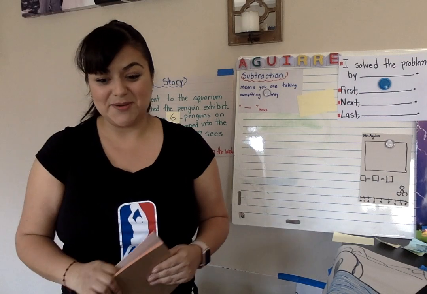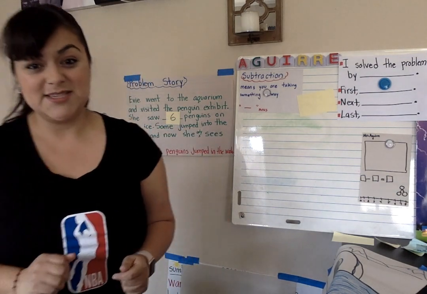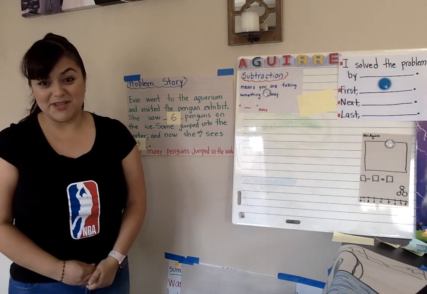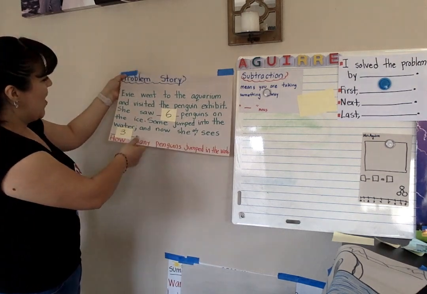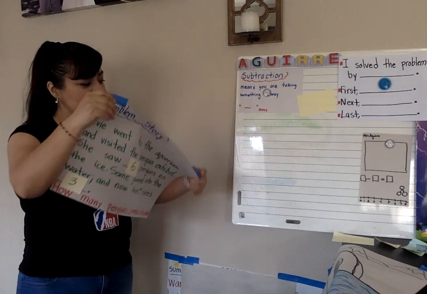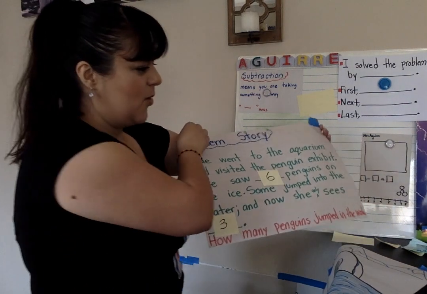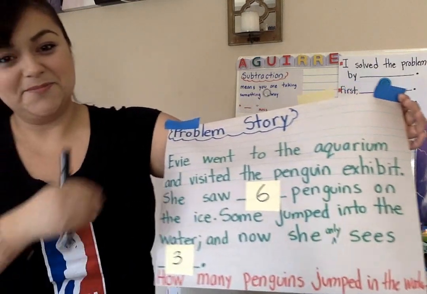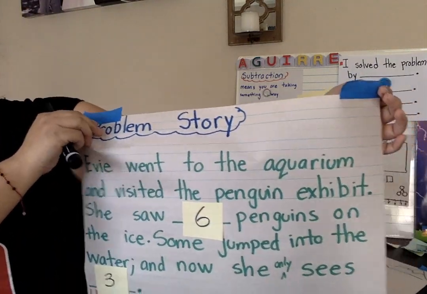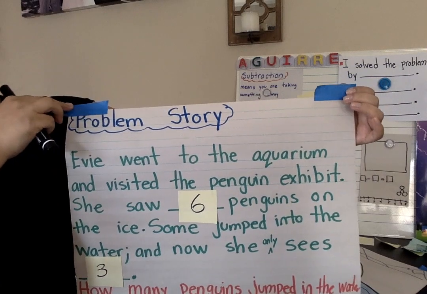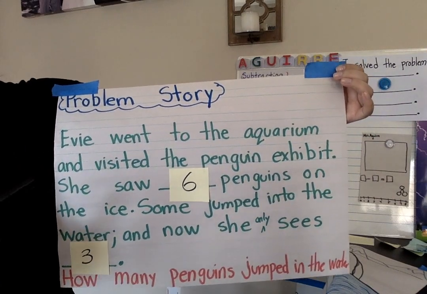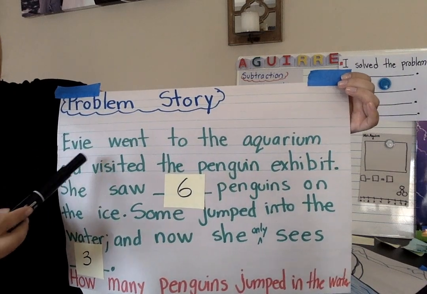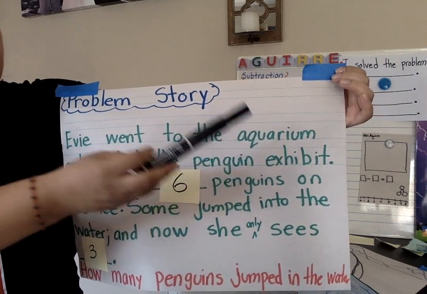Okay, so let's start. First, let's try to make sense of our problem story so that we know how to solve it. I'll bring it close so we can read it together. And I'll get a little pointer for myself. Okay, so let's read the word problem together. It says, Evie went to the aquarium and visited the penguin exhibit.